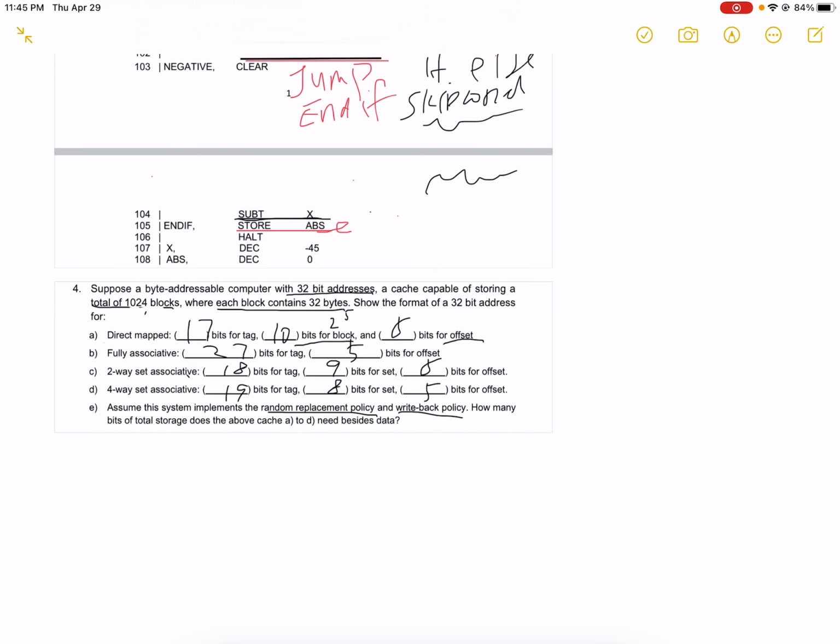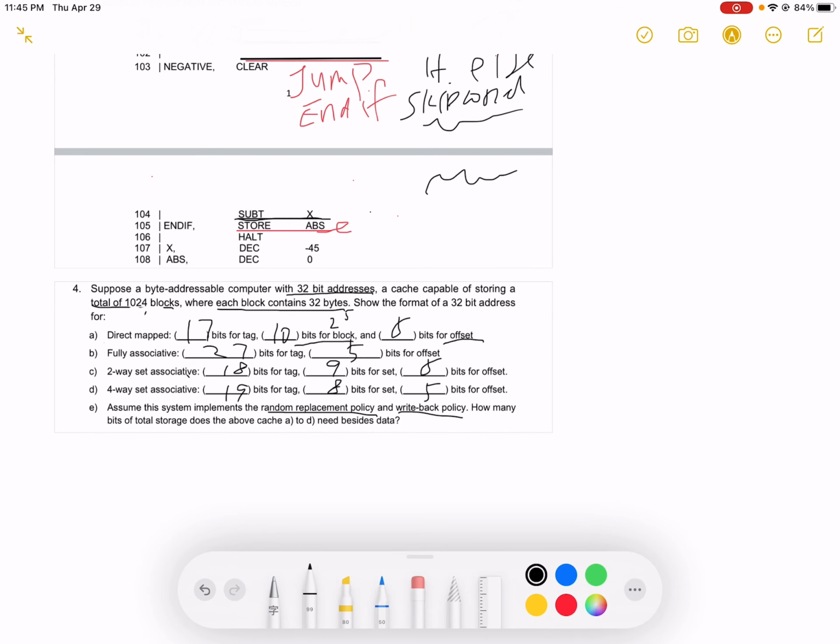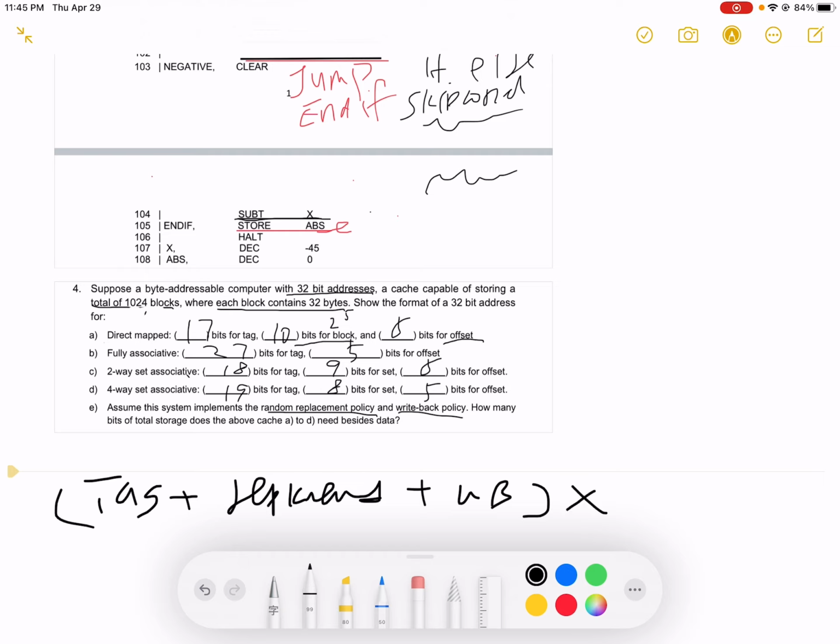So it's going to be tag plus replacement plus write back, all these bits times the number of blocks.